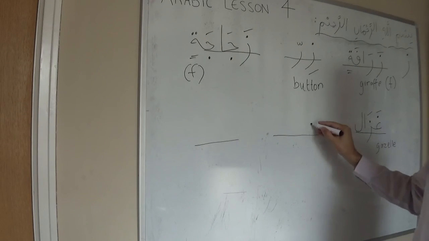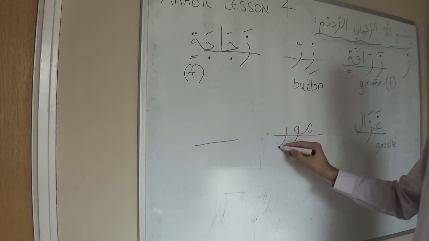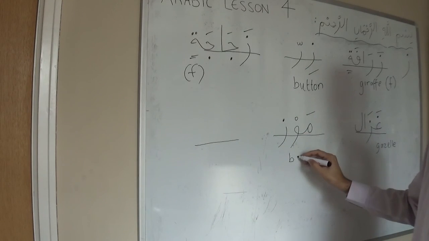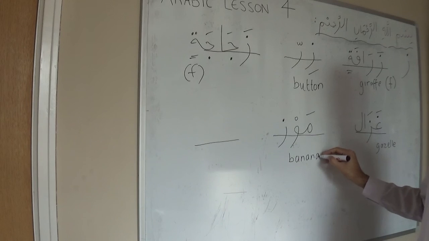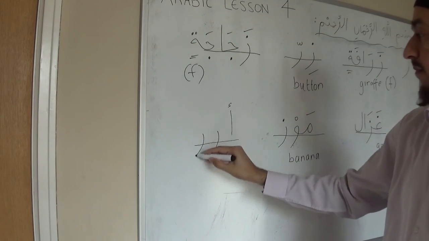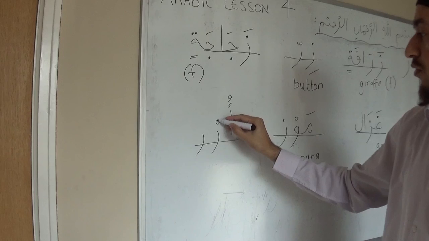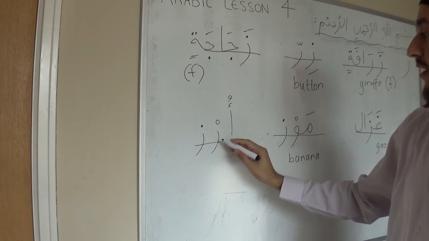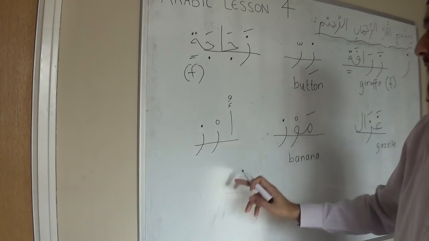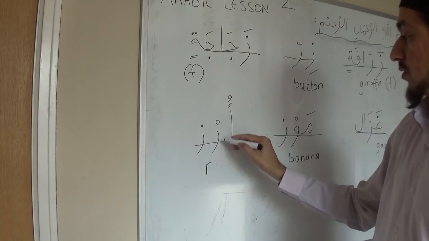We have mouse, this is za at the end, banana, and finally we have urz, and ra and za are not joined onto anything after that. Rice.